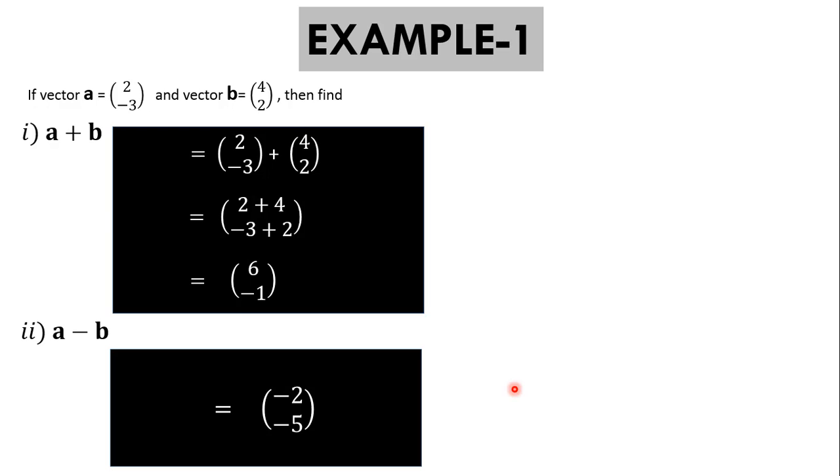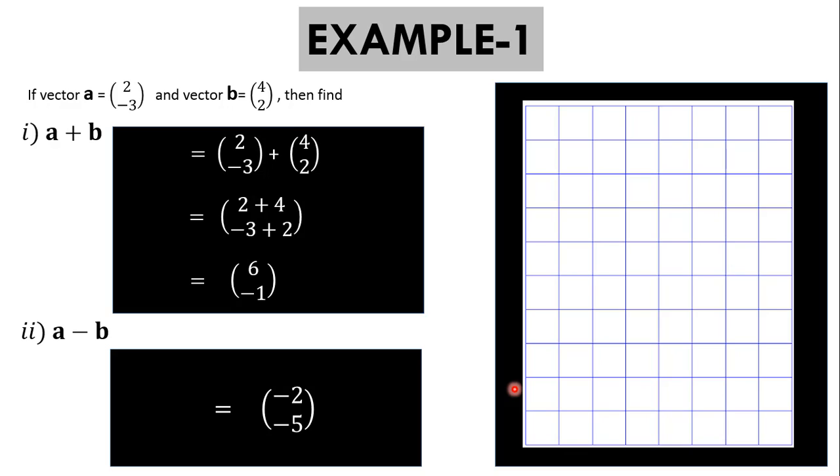Now when it comes to representing these vectors graphically, how can we represent them? Just consider this square box grid, and what is the vector A? It is 2 units in the x direction, just like this, 1, 2, and minus 3 units in the y direction, so 1, 2 and 3. This is your A, and this is going to be your B, which is 4 units in the x direction, 1 2 3 4, and 2 units in the y direction.